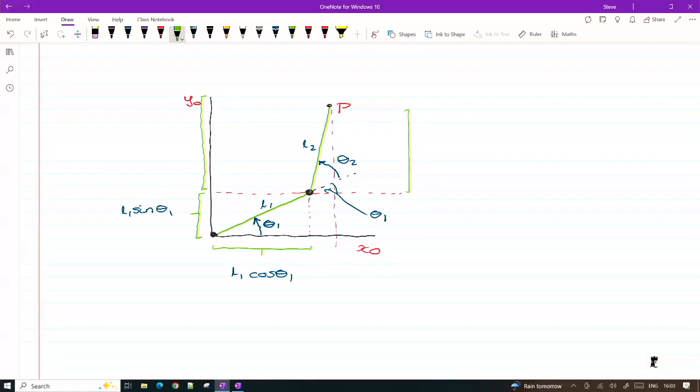Okay. So we can now work out two other dimensions based on, again, simple trig from what we know, that the total angle that I've just drawn in is θ1 plus θ2. Okay, that's that bit there.